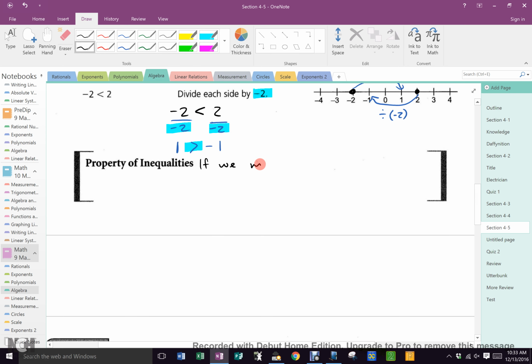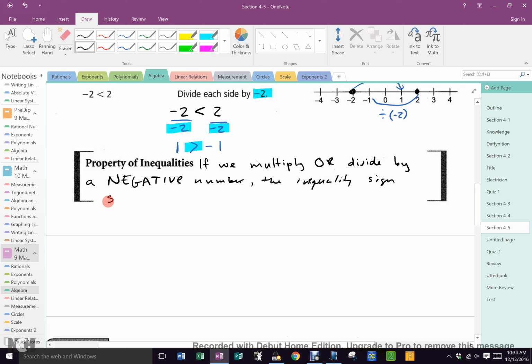If we multiply or divide by a negative number, what happens? The inequality sign does what? The inequality sign switches.